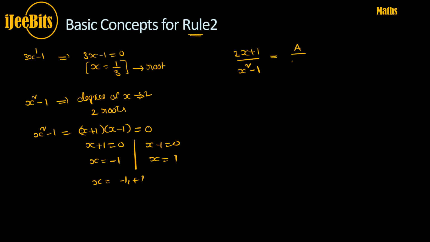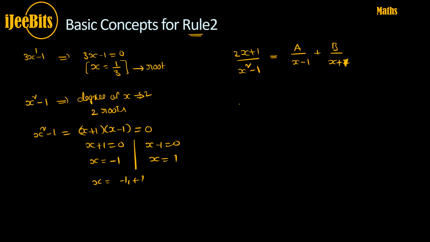A by x minus 1 plus b by x plus 1, because x minus 1 and x plus 1 are the factors of x square minus 1, right? These two are the factors, isn't it? So this is one root, and this is another root for this x square. You will be able to understand this logic, isn't it?